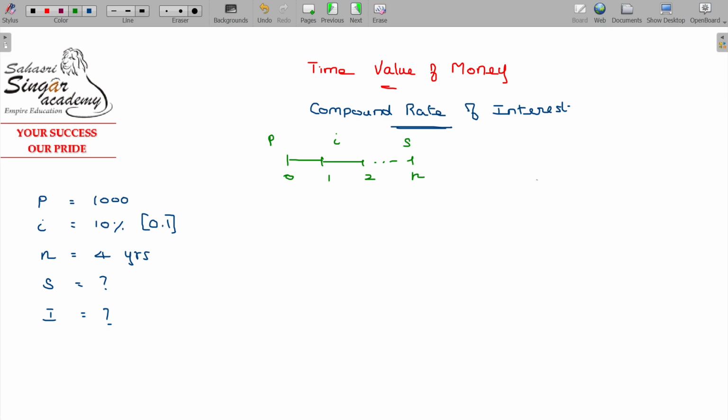In this illustration, timeline la plot பண்ணது 0 1 2 n. 1000 rupees போடுறீங்க, rate of interest being 0.1, அப்படின்னா S எவ்வளோன்னு கண்டுபிடிக்க வேண்டியது நம்மளோட requirement. Apart from that I எவ்வளோன்னு கண்டுபிடிக்கணும்.